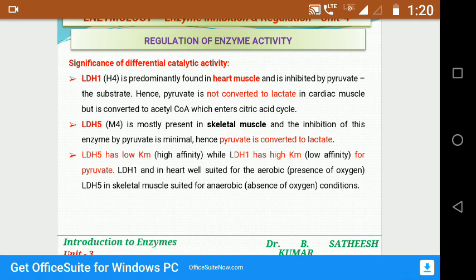This way, in different organs, the same enzyme has different isoforms, and each isoform favors the suitable conditions at its site.